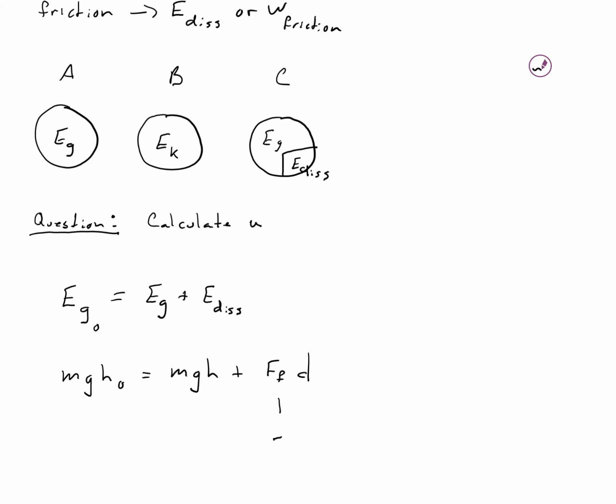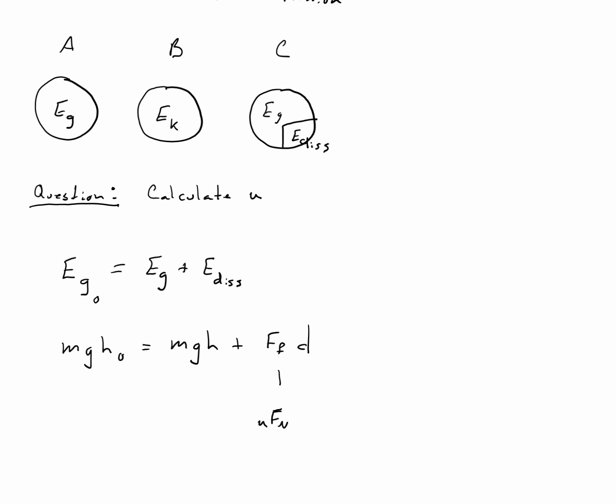Because remember, this one would be force normal times mu. And so what you would need is an equation that describes basically the radial direction depending on where you are. And that's more complicated than I wanted to look at right now.